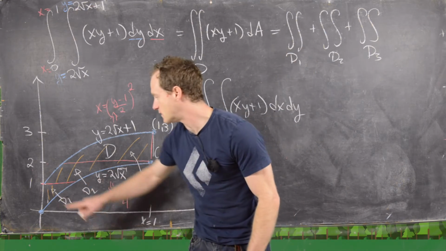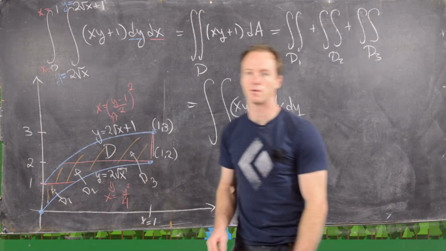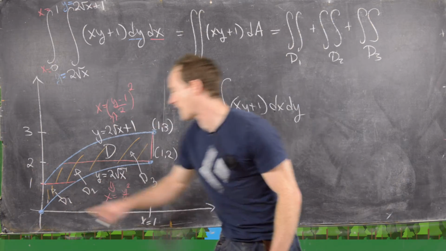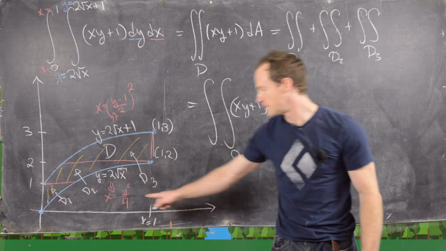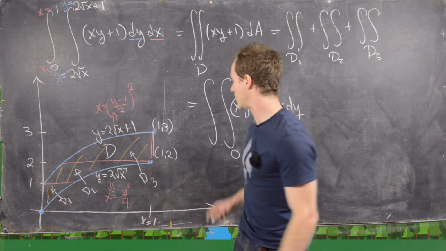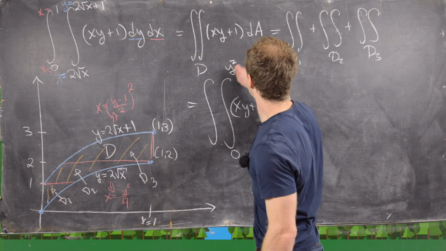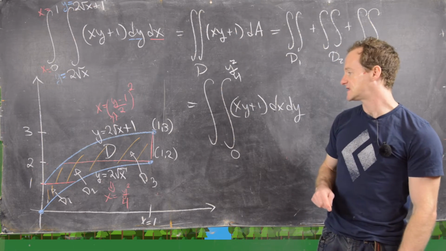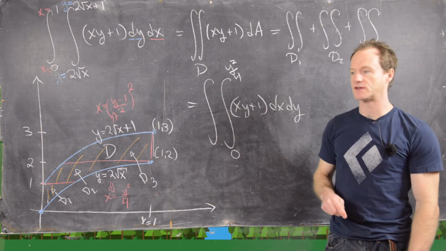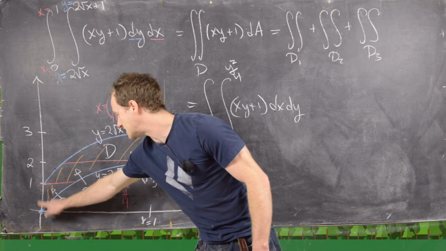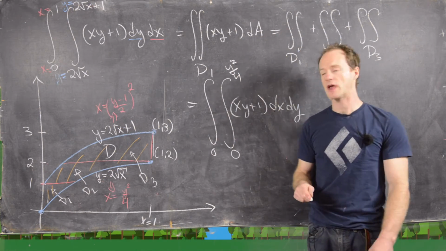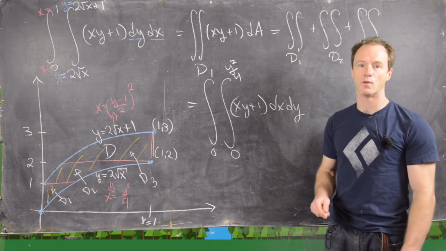In this region D1, the smallest x value is the y-axis, which is 0. And the largest x value is this blue curve, which after solving this way, we get y squared over 4. Now the smallest y value to the largest y value is 0 to 1, so that's easy. So that's for region D1.